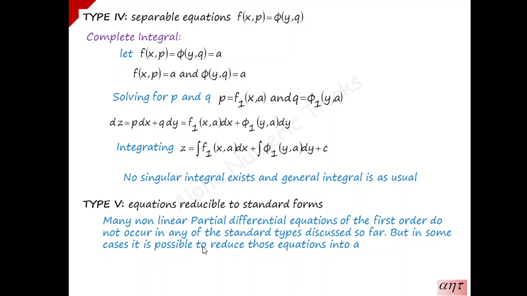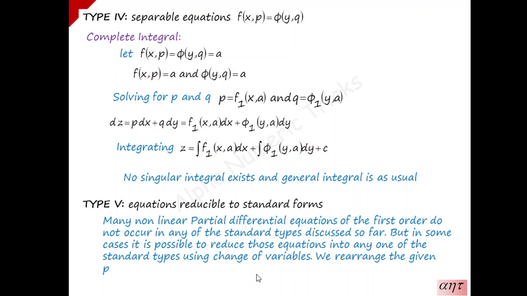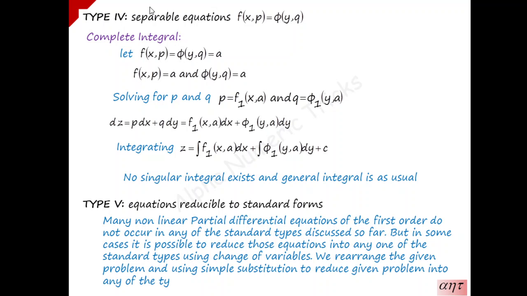So for such types of equations, using a change of variables, you can reduce those equations into any one of the standard types available, and we have to try to get the solution. To get the solution, we have to rearrange the equation and make use of some substitution to get the singular, complete and general solutions. When we are doing problems, we will see those types of equations.